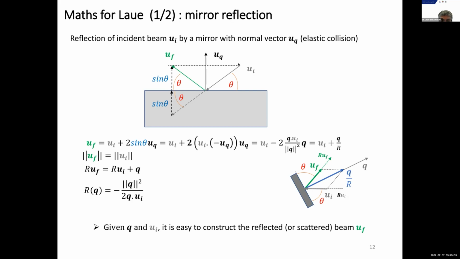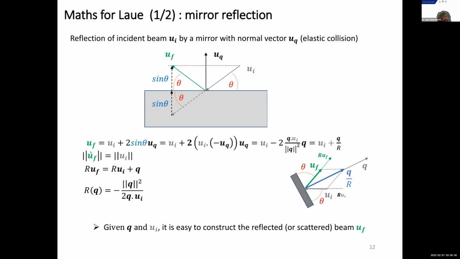If you have the incoming beam there, and this beam is reflected by the surface, and the surface is defined by the normal, then you can have some relationships between the incoming vector, the outgoing vector, and the normal of the surface. So you can do some mathematics, and this is an elastic process. So the norm of the incoming vector is equal to the norm of the outgoing vector.